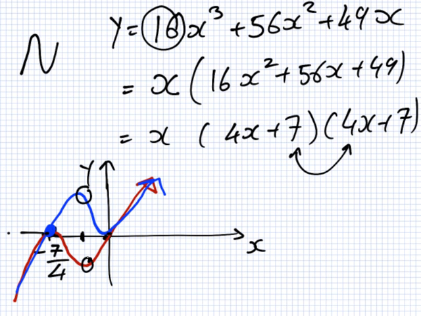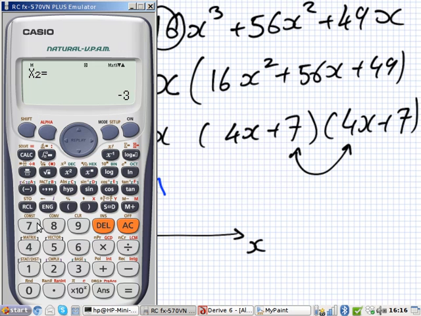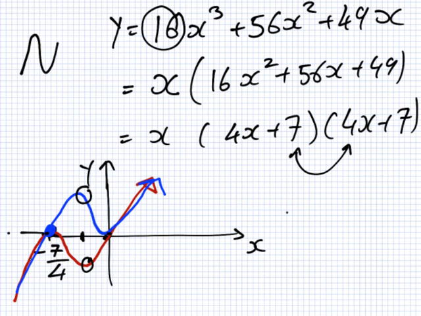Okay, so let's put in -1 and see what we get. -16 plus 56 minus 49 is a negative. Right. So it's probably going to be the red one here.